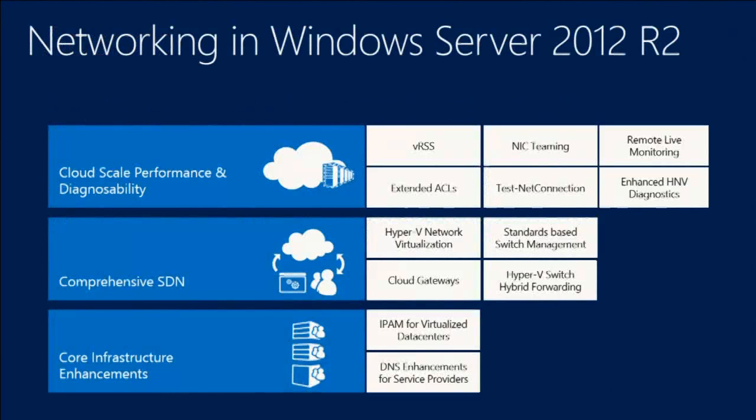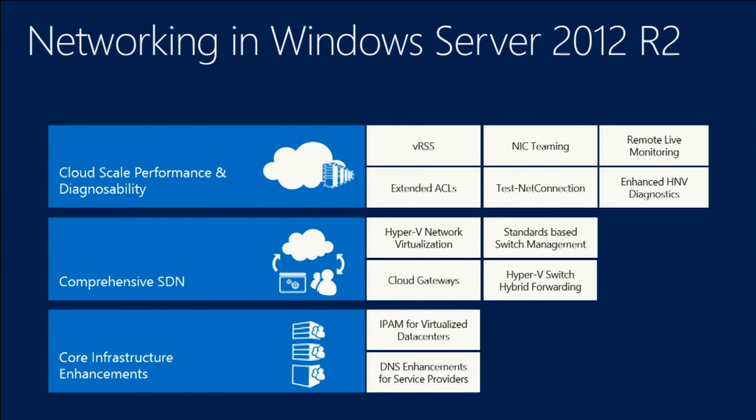All right, so if you have been to the networking overview session, which is on Wednesday, you should be familiar with this slide. Basically, this summarizes our investment in R2. We have three areas. We focused on performance and diagnosability in the platform, so make it easy to use the existing hardware and make it performant. And we invest in diagnostics tools for you to troubleshoot networking problems.